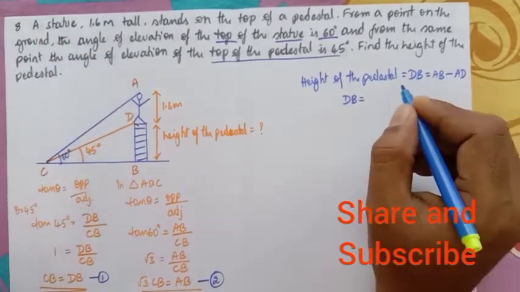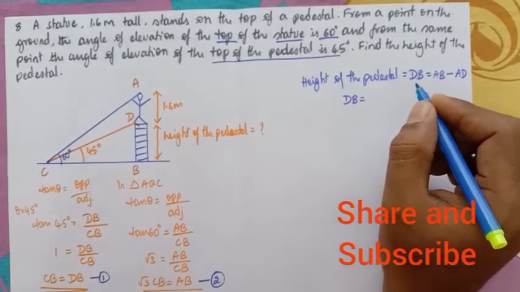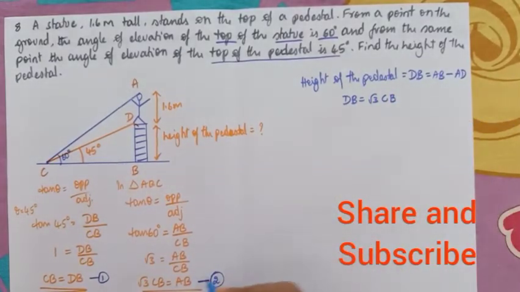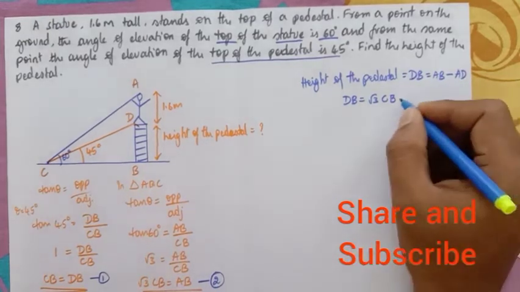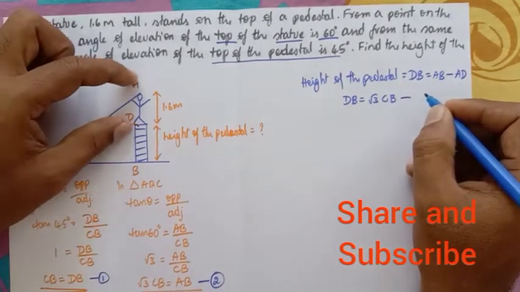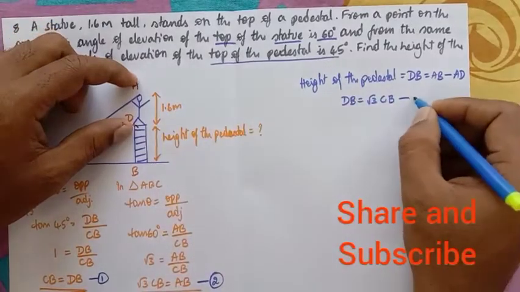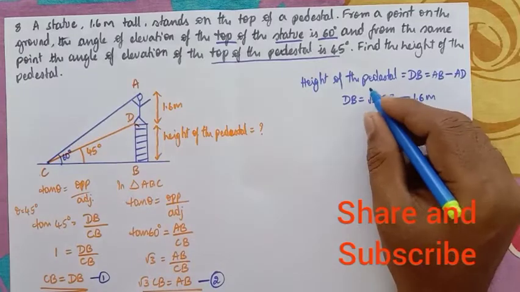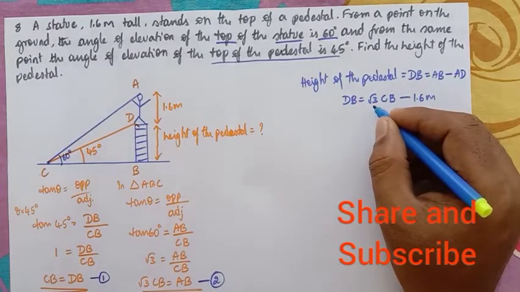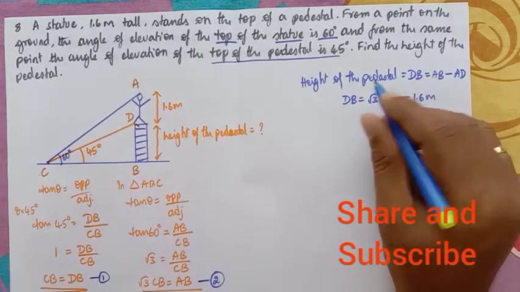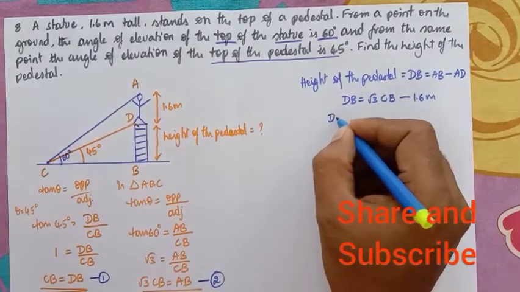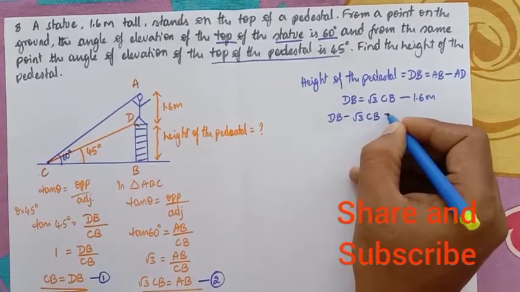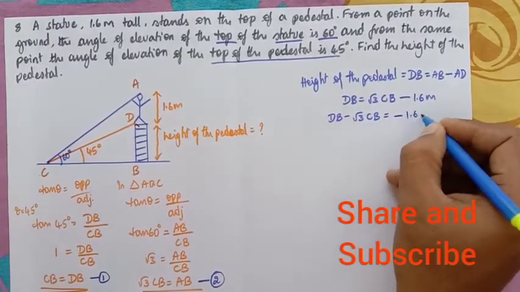AB is equal to root 3 CB, minus AD, which is given as 1.6 meter. Let me move this root 3 CB to the left hand side. That is DB minus root 3 CB is equal to minus 1.6 meter.